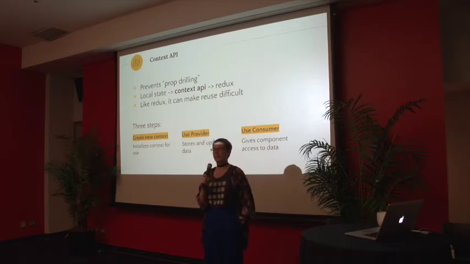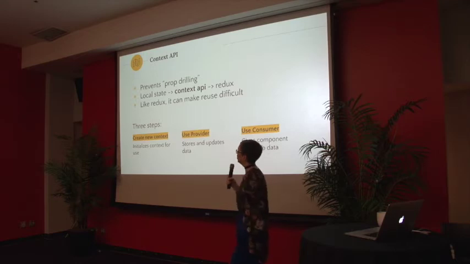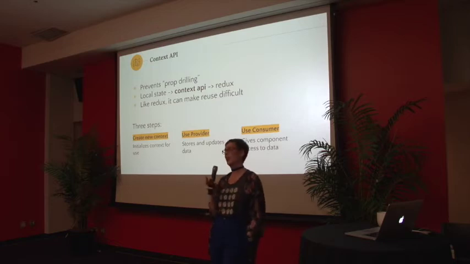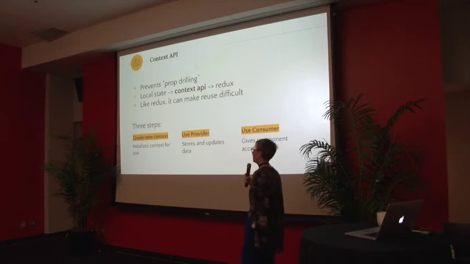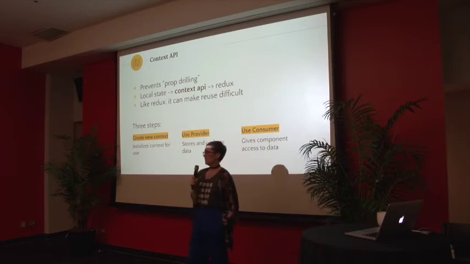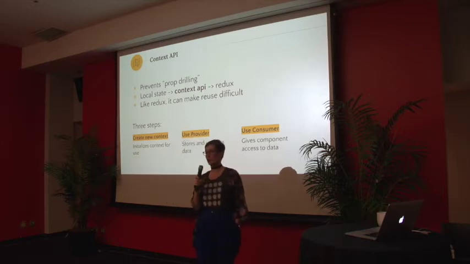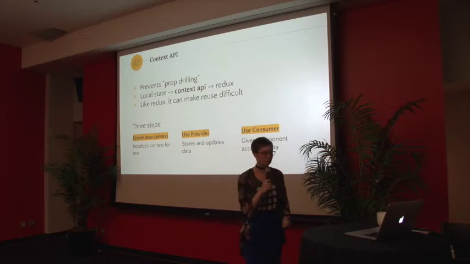I would say that it sits somewhere in the middle of a component keeping its own local state and a library like Redux. Obviously, Redux has a lot of value. There are other libraries. This is just one example. But Context API sits in that really interesting middle space where maybe you need theme information shared between components, or something that is shared between multiple components but doesn't require a whole external library, that sort of thing.